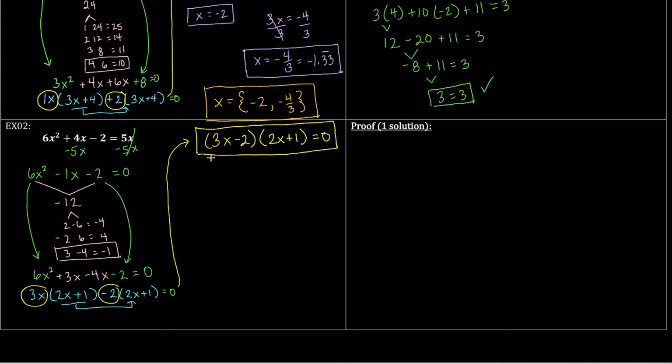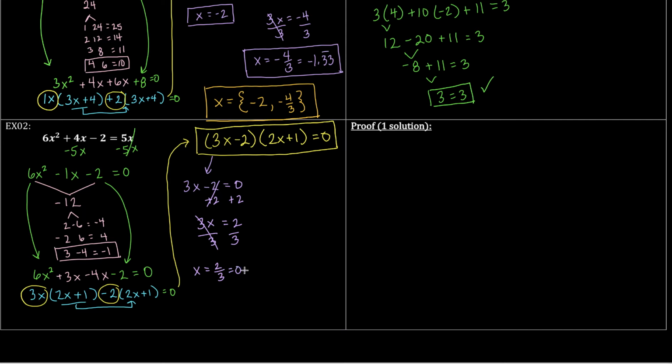Okay, so I'm going to figure out what will make this 0. So I'm going to add 2, and I get 3x equals 2. Divided by 3, x equals 2 over 3.